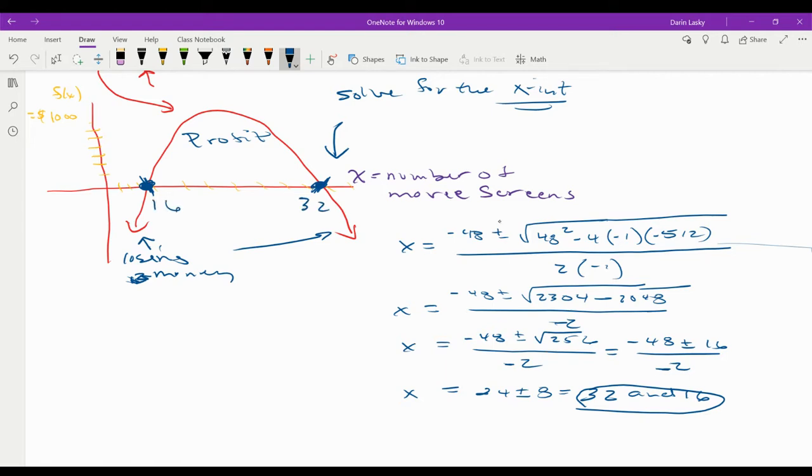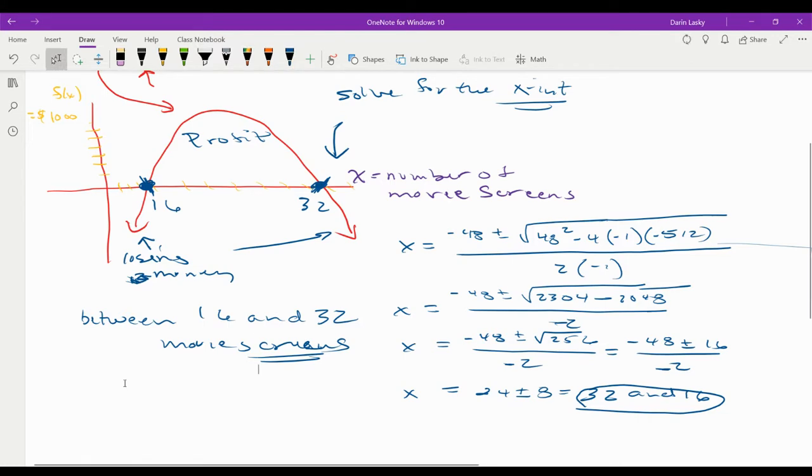So that means I need between 16 and 32 movie screens for a profit. And again, what I'm trying to show you guys is, even though it is a word problem, you're still only using the quadratic formula.